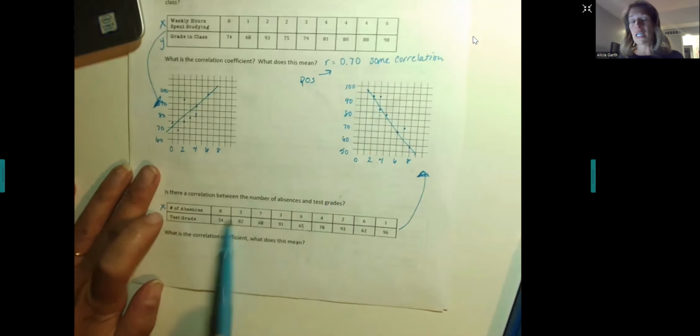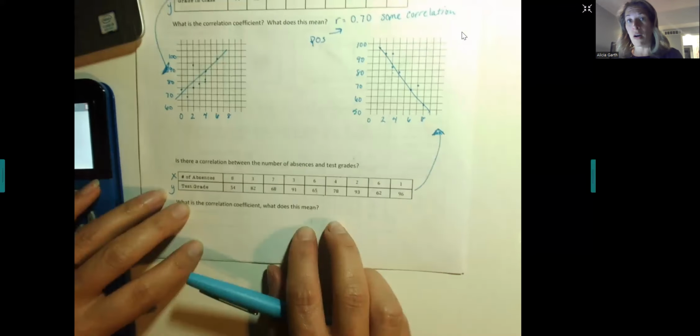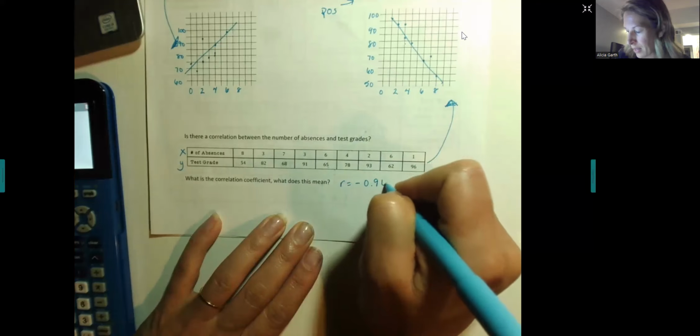Now, you're going to take a second and put all of these into list 1 and list 2. You're going to find your R on your own, and then we're going to come back together. All right, so you've now done the R value for this set of data, and you should have gotten an R of negative 0.96.